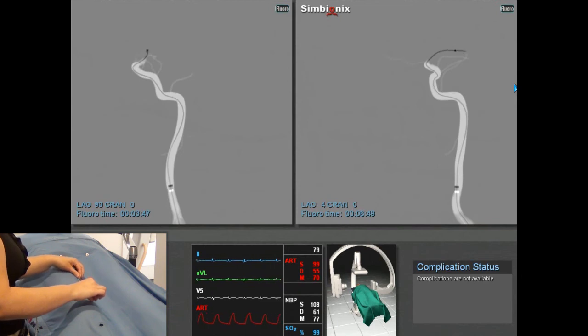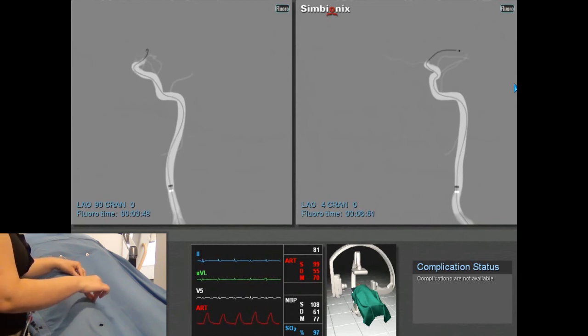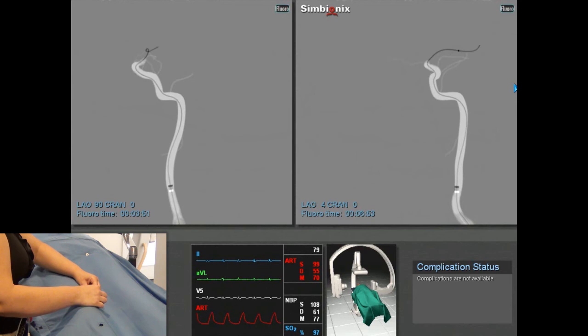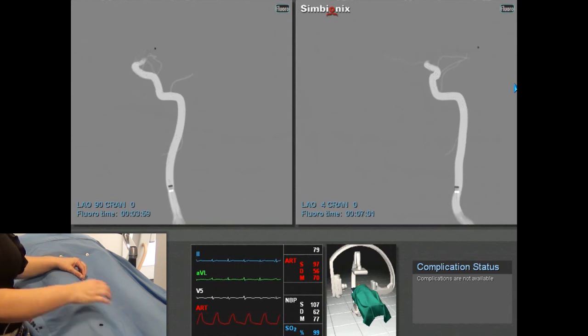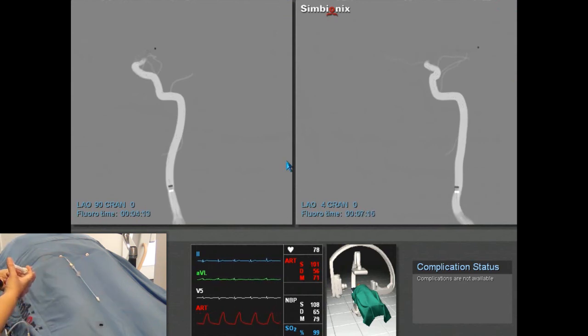Document that with a small injection of contrast material so that you're past the clot. Advance the catheter here, take the wire out. There we go.